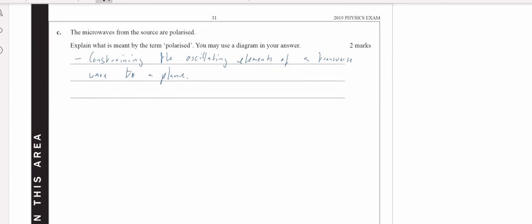If you have to draw a diagram, be something fine. Going into a polarizer, which is only them. So only one plane would remain.